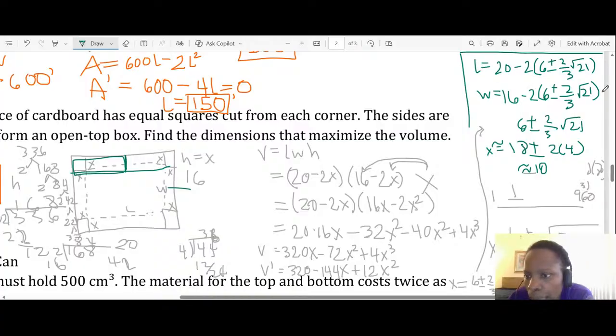And we want to maximize the volume. 18 plus 8 is 26. 20 minus 36 is going to be negative. Same with that. So something's not right.